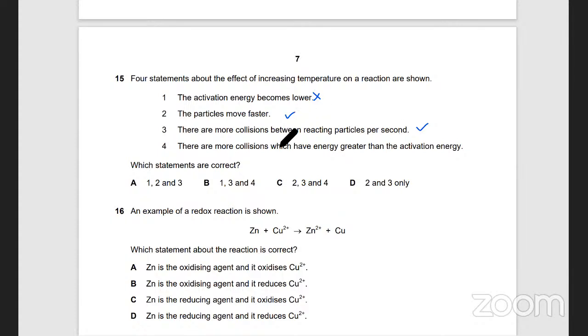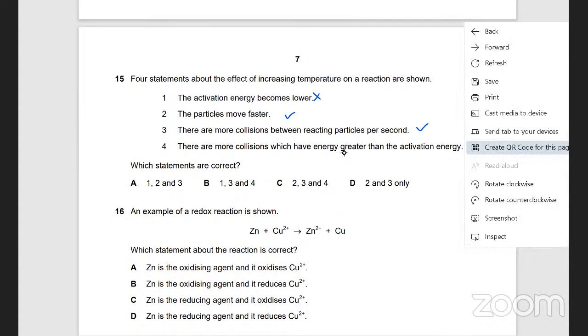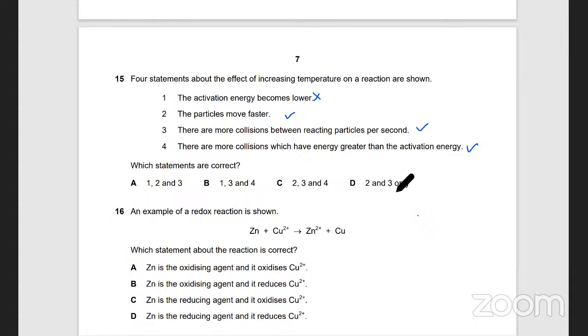There are more collisions with greater energy than the activation energy, or simply, more collisions with greater energy. If temperature is higher, the particles are going to have more energy, right? So their collisions will be more energetic. So this is correct. So it's C. I don't understand the fourth point.